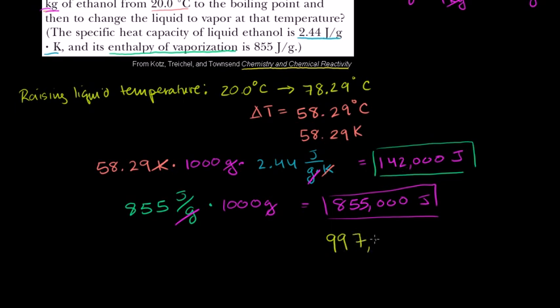So it's 997,000 joules, or 997 kilojoules. Or we could say it's almost 1 megajoule if we wanted to speak in those terms. But that's what it'll take for us to vaporize that 1 kilogram of ethanol.